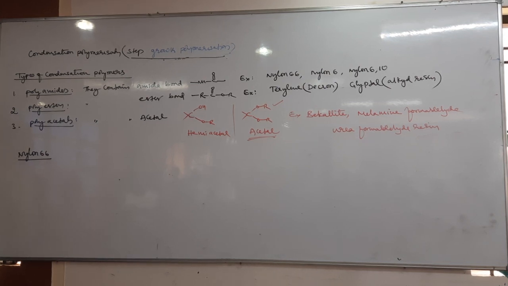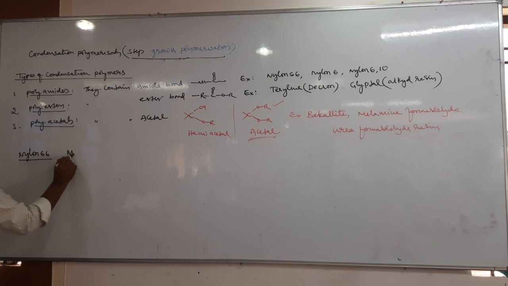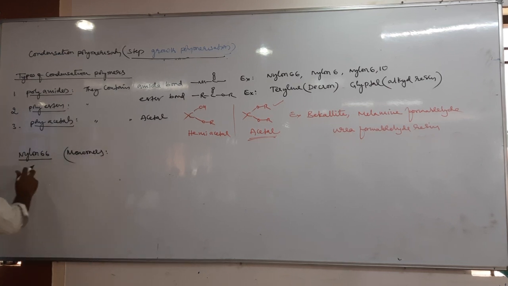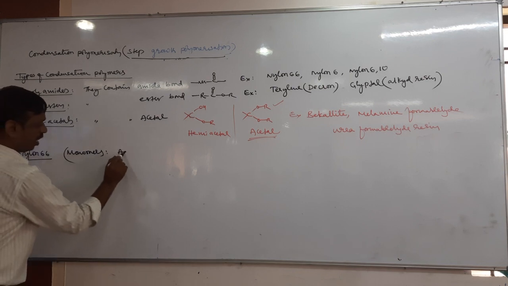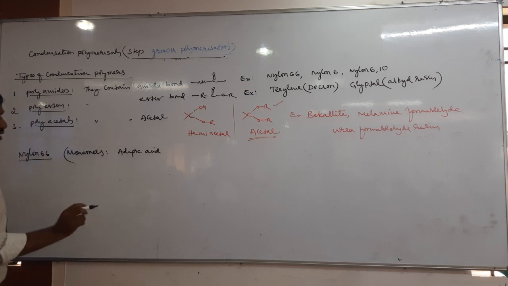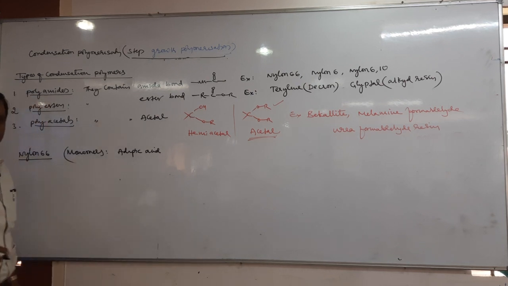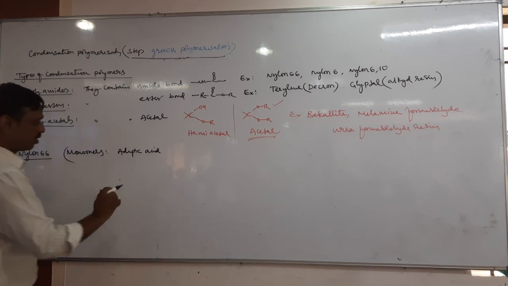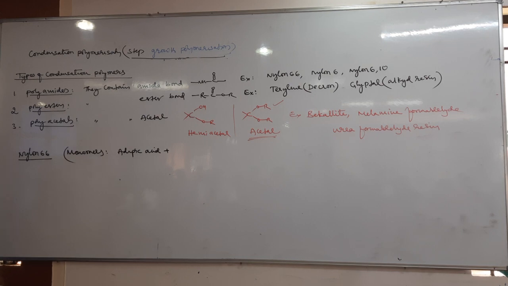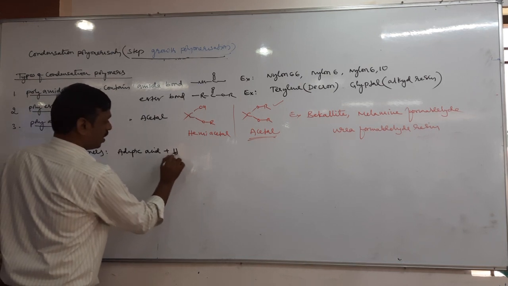There are two monomers having 6 carbons each. Tell me, what are the two monomers? One is adipic acid, and the other is hexamethylene diamine.